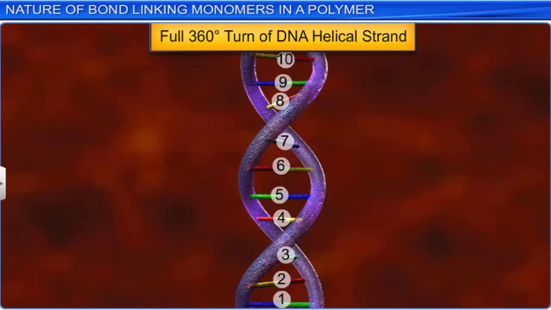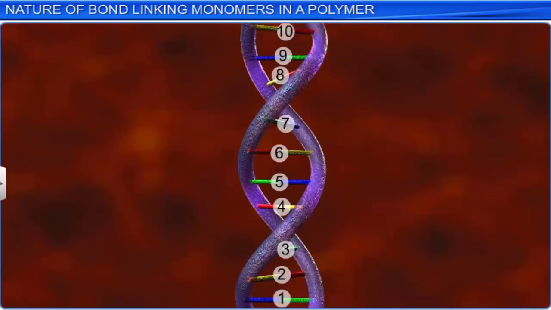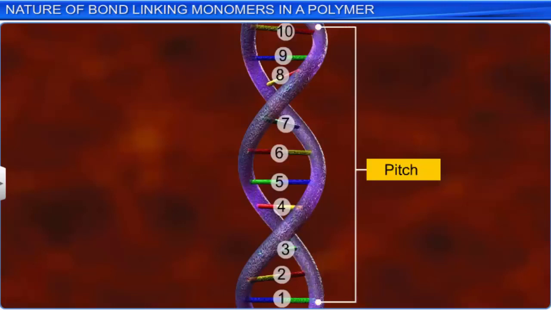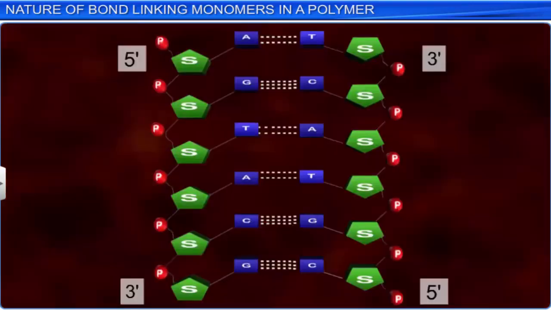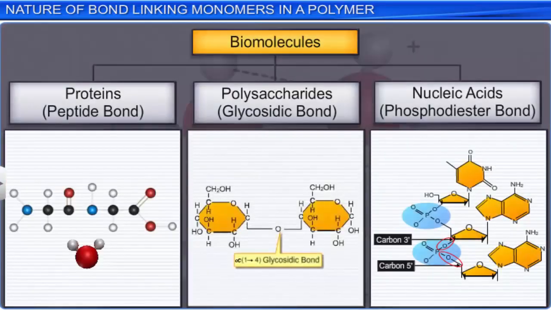The distance along the helix axis corresponding to one turn is known as pitch. In B-DNA, the pitch is 34 angstroms. The rise per base pair, or the distance between two base pairs, is 3.4 angstroms. The different types of bonds we have studied are crucial as they provide structure and stability to biomolecules and make them functional.